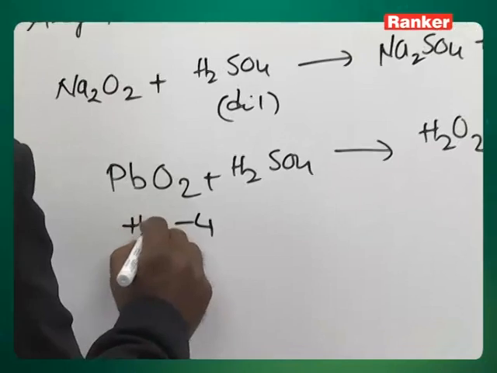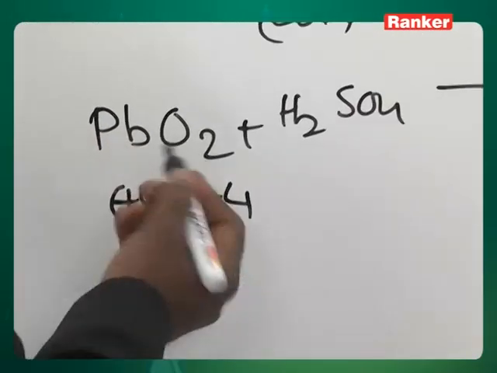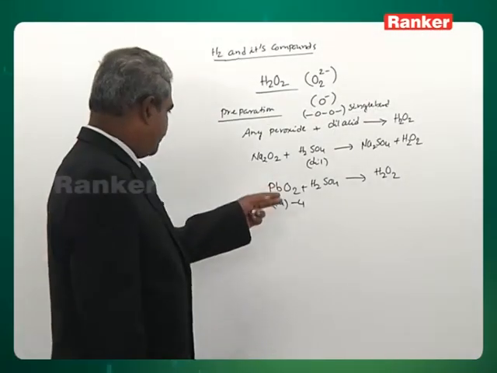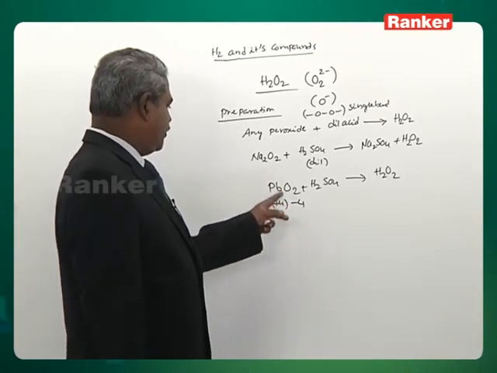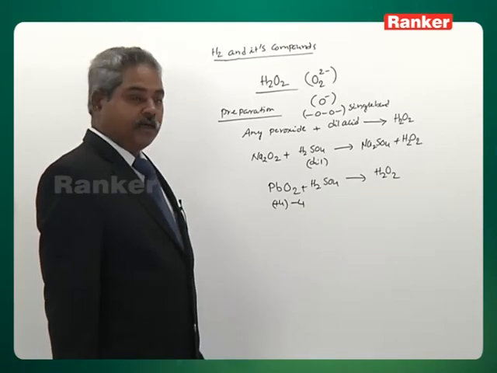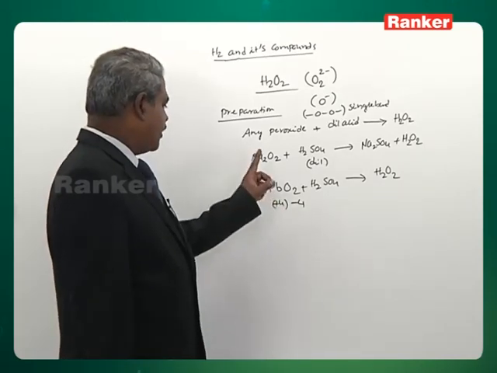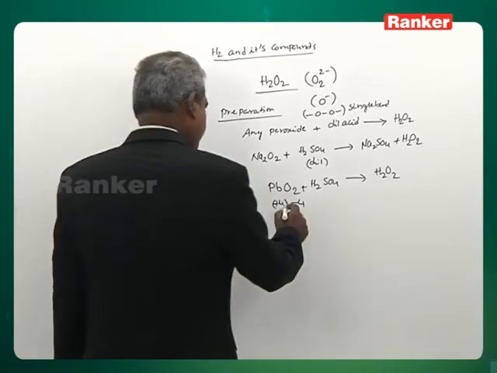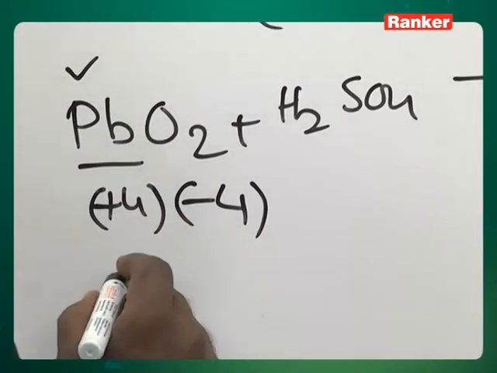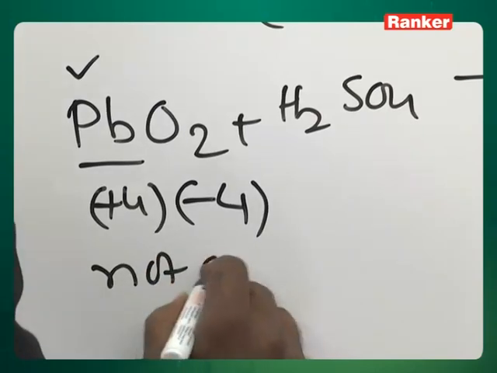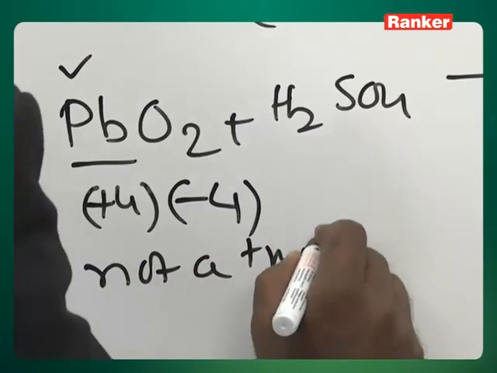Lead is plus 4. Therefore, it is not a peroxide. Oxygen is minus 2 here because lead doesn't mind giving minus 2 to oxygen. Even if it is minus 2, lead can still take plus 2. Therefore, not a true peroxide.